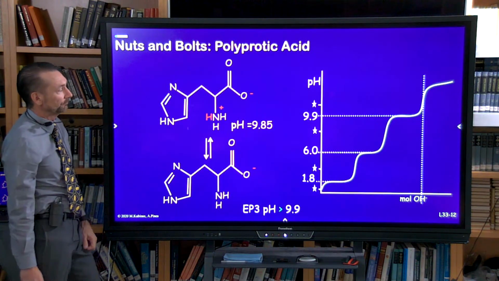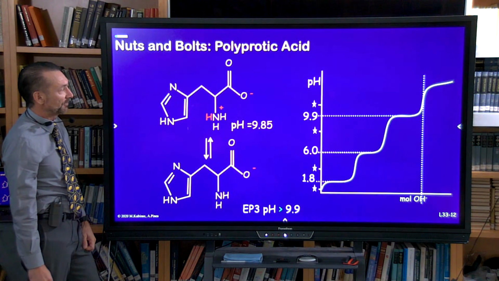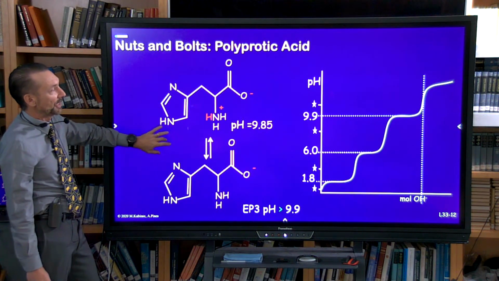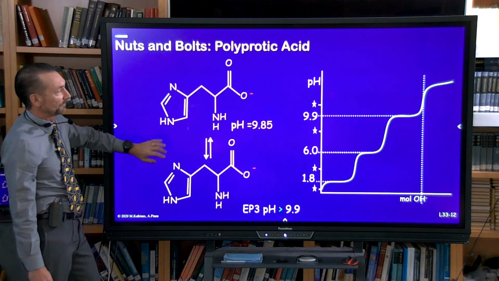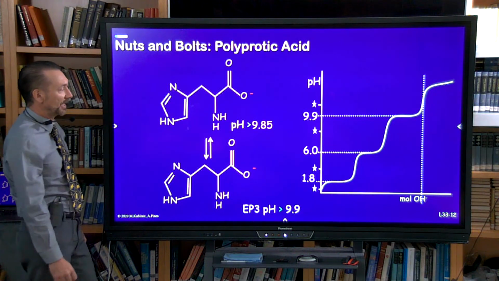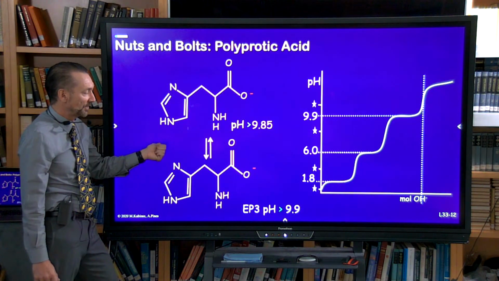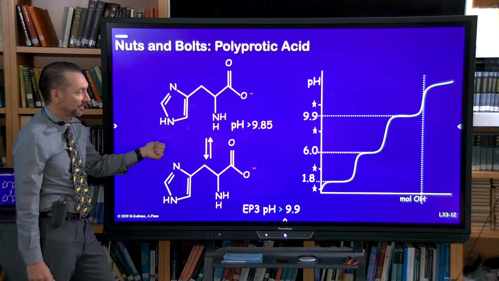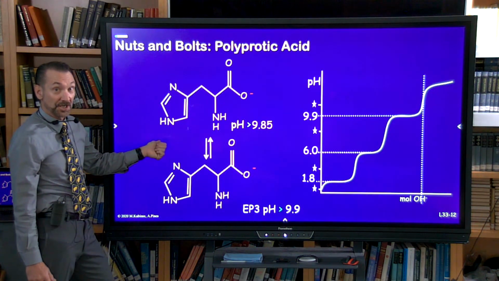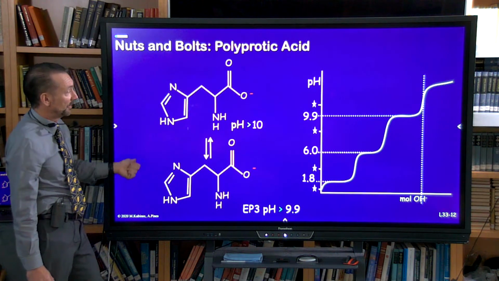That's the third equivalence point. It'll be something bigger than 9.9. And then very high pHs as you add simply straight OH minus to a solution that has no more acid to resist the change.